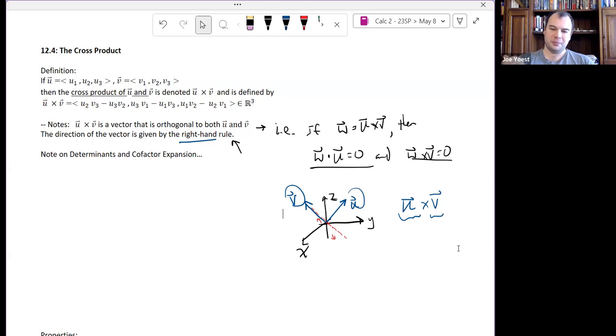The direction my thumb points when I wrap from U to V for U cross V is the direction of the cross product. So the direction of the cross product will be this way, U cross V.